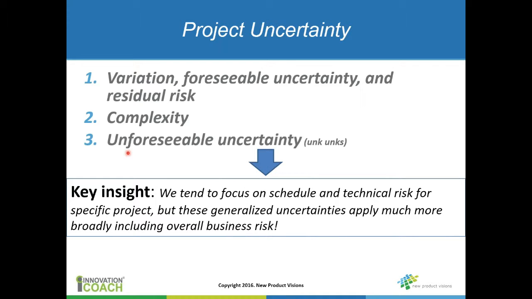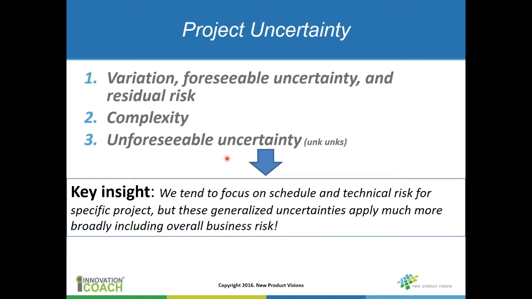A key insight that I pointed out is that we tend to focus on the schedule and the technical risk for projects, but really these uncertainties can play out at a much higher level, at the level of the overall business risk. So for instance, even if you're working on a brand new business model, the risks associated with that business model may not have anything to do with the schedule or the technical issues.